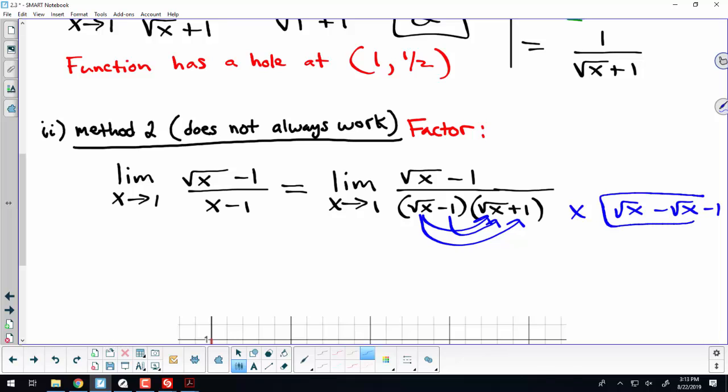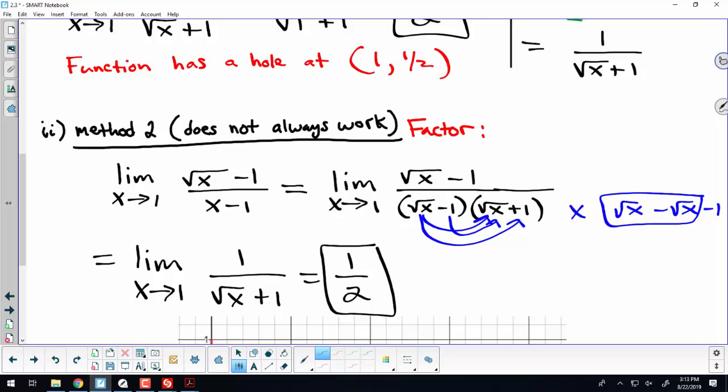So these two things cancel to 0, and we have x minus 1. Then we can see immediately what happens. Those two factors divide away, and we're looking at the exact same simplified function that we looked at above. Any questions?